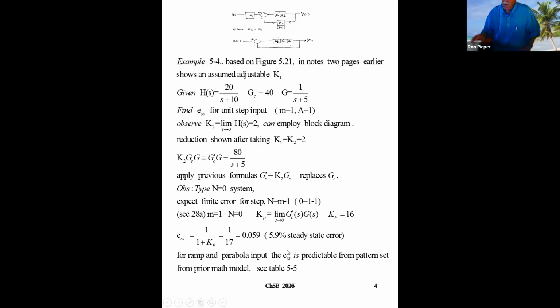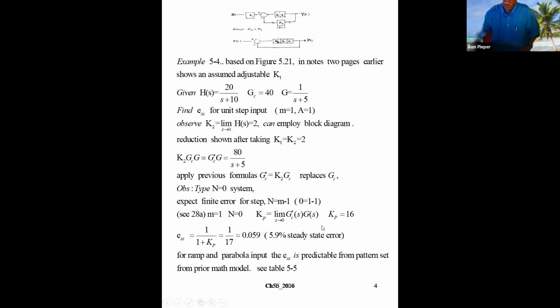Then we had this example, and in the example itself, the H of S did have S dependence, but as you can see, letting S go to 0 just gave us the constant K2. So we used that idea, and we followed our rules.